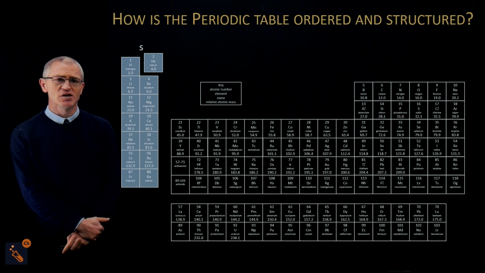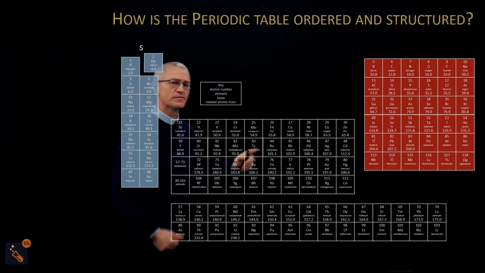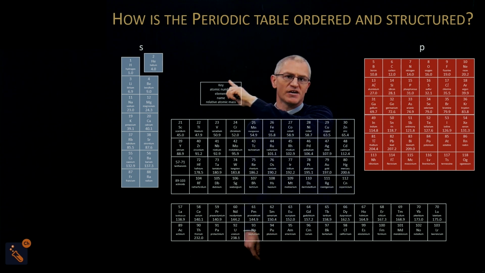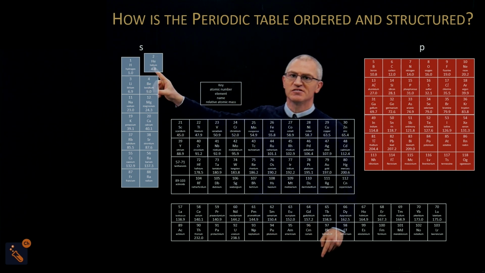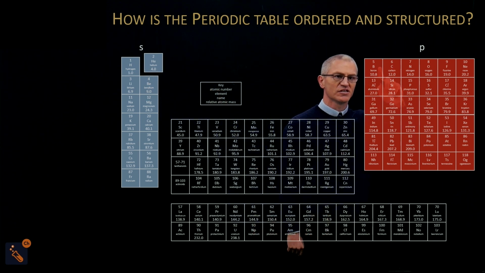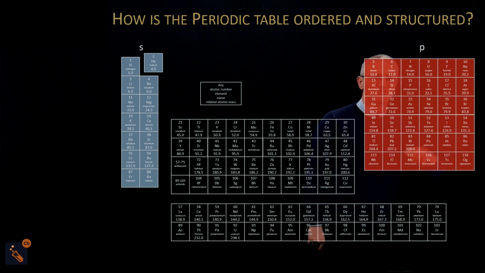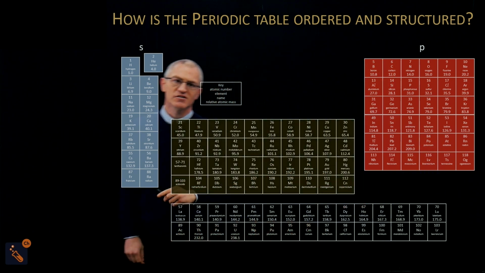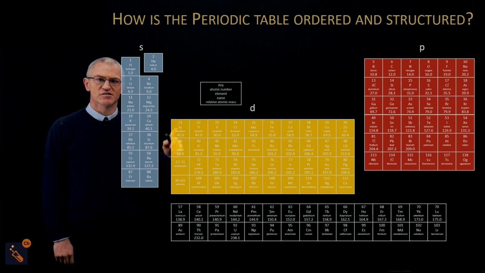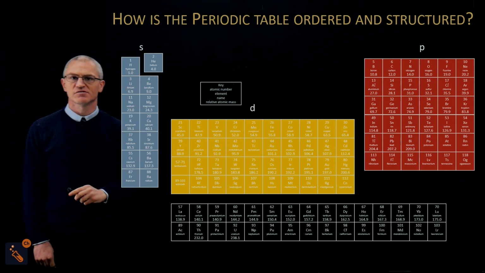And then we've got the big block on the right-hand side, which is the P. You notice I talked about boxes. If we have 2 boxes here, that means we're adding 2 electrons as we go across. We've got 6 boxes here, so we're adding 6 electrons as we go across. We then go to the D subshell, which has 10 boxes, so adding 10 electrons as we go across.